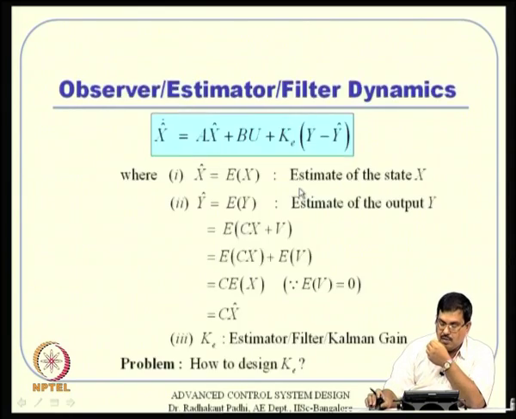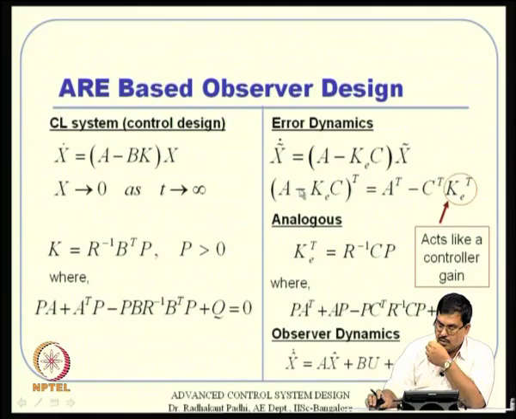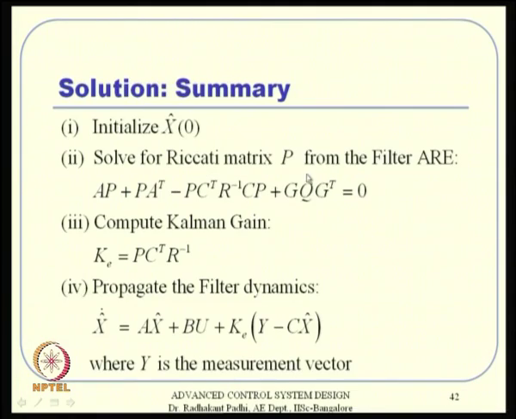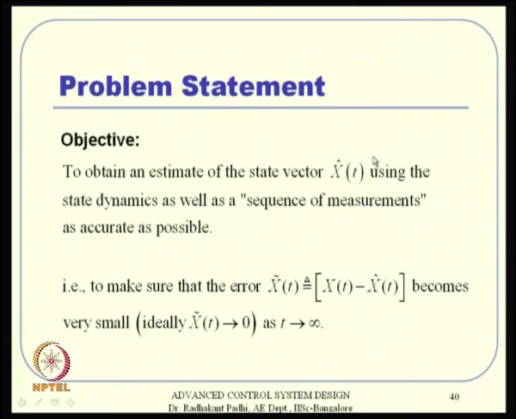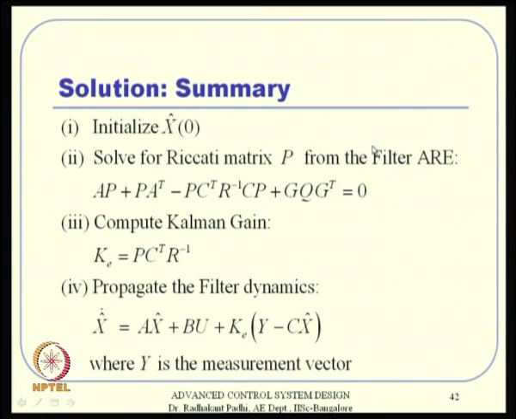The only difference between this equation and that equation is this part: earlier there was no G and G transpose, and now it has them. If you assume the system dynamics has G as identity, then the LQ observer is nothing but the Kalman filter with the assumption that G is identity. So, that is how it operates.